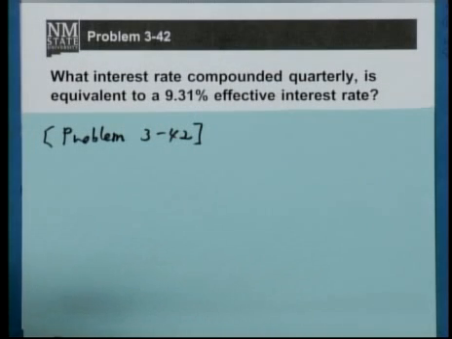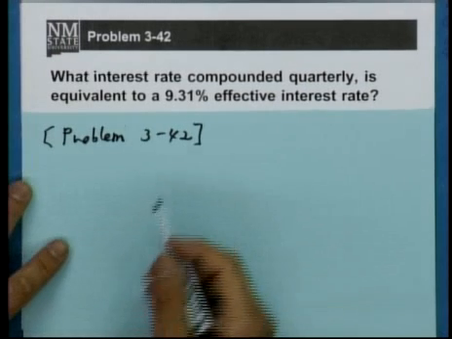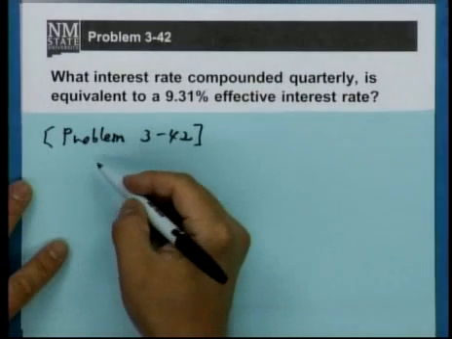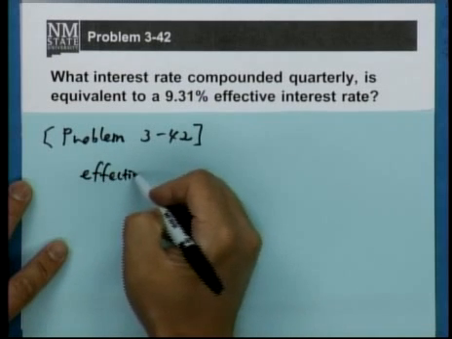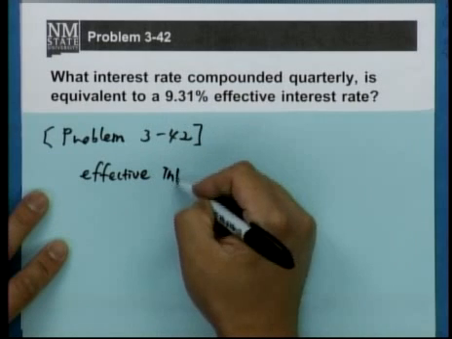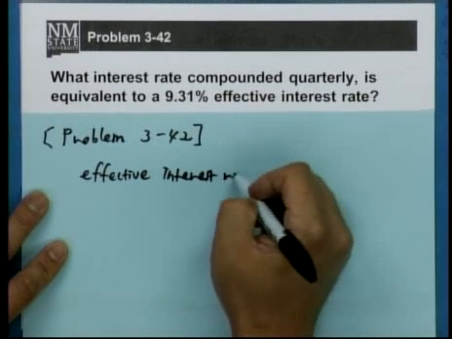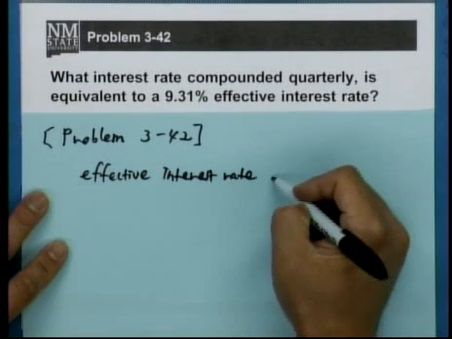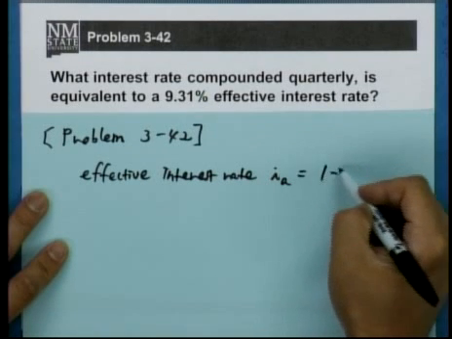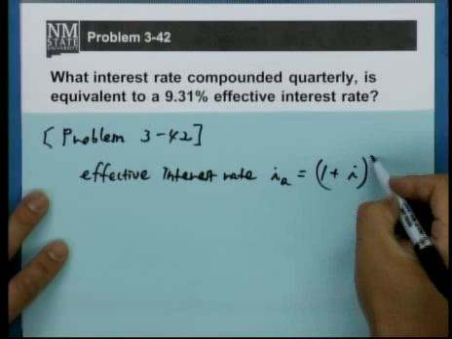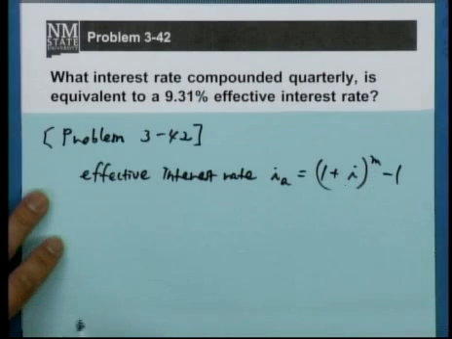So using the formula for effective interest rate, i sub a equals (1 plus i) to the power m minus 1, right?